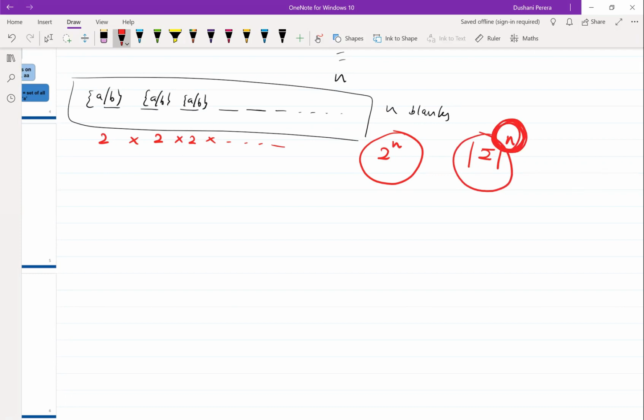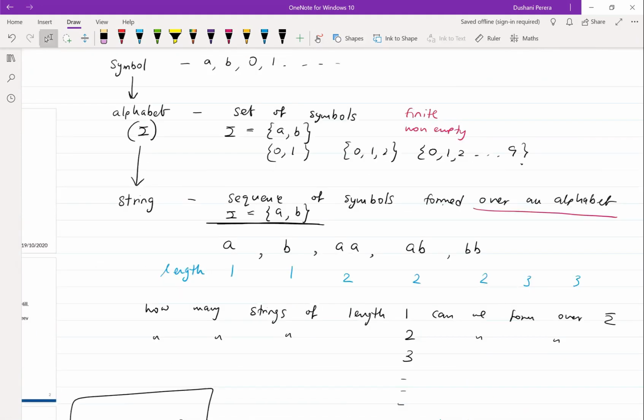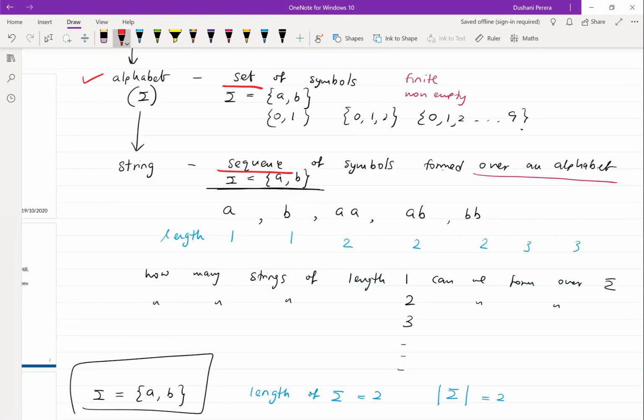Okay, right. So before we move on, what did we discuss so far? We talked about a symbol, which is the basic building block in automata theory. A set of symbols created an alphabet. Then a sequence of symbols that we can form over an alphabet, we call that a string.